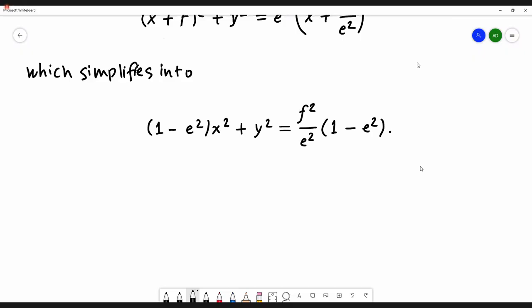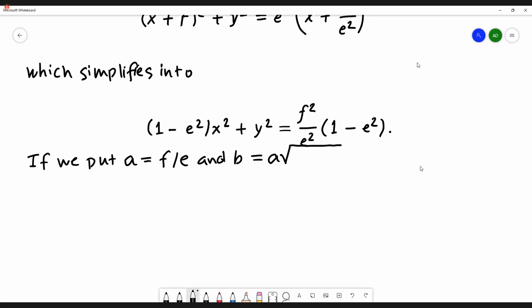So we will put A equal to f over e, and B equal to A times the square root of 1 minus e squared.